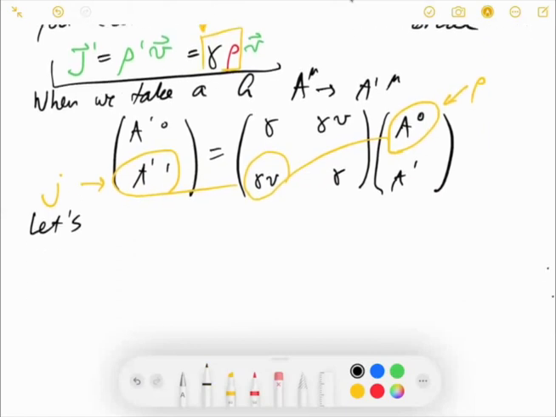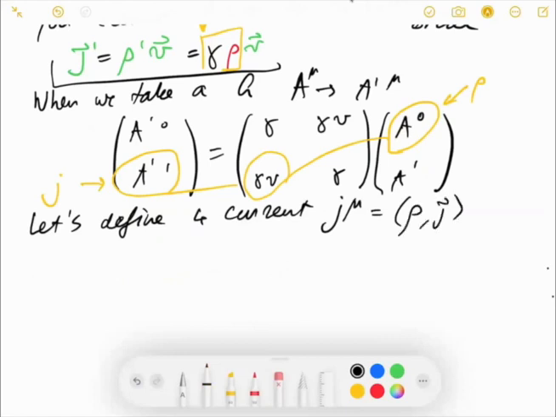Everybody sees that, hopefully. So let's define the current J mu, and it's rho and the J vector.